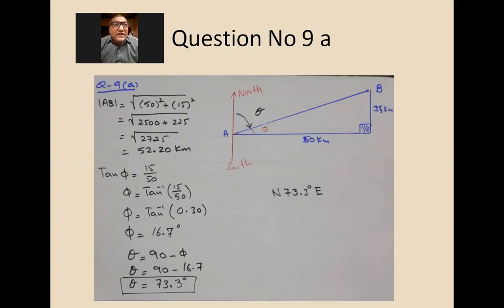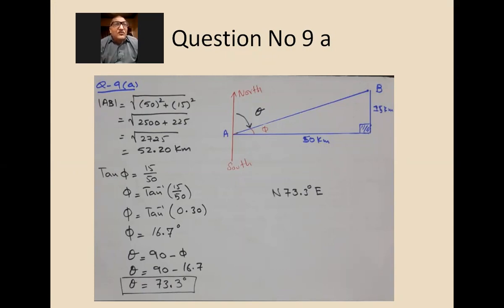So the AB length will be the square root of 50 squared plus 15 squared, that is 2500 plus 225, 2725, and the answer will be 52.20 kilometers. So the displacement from A to B is 52.20 kilometers.